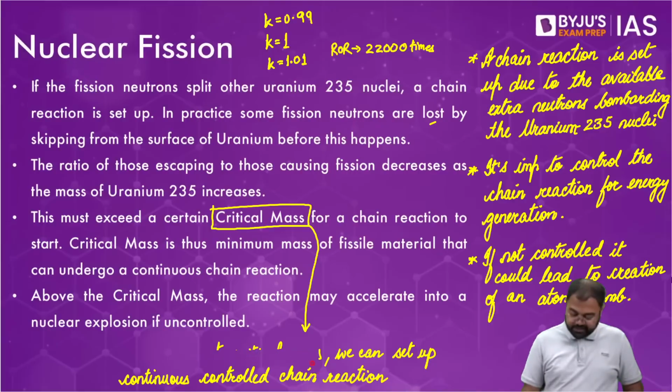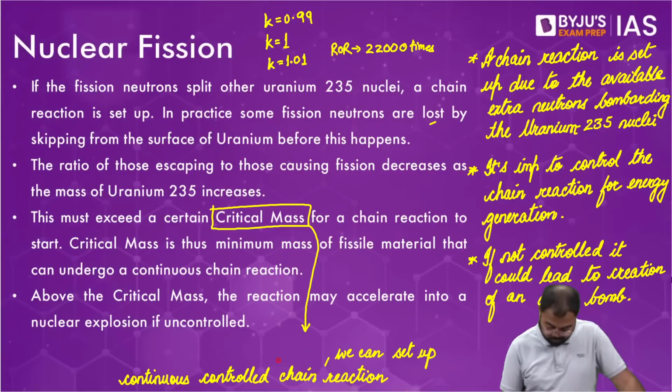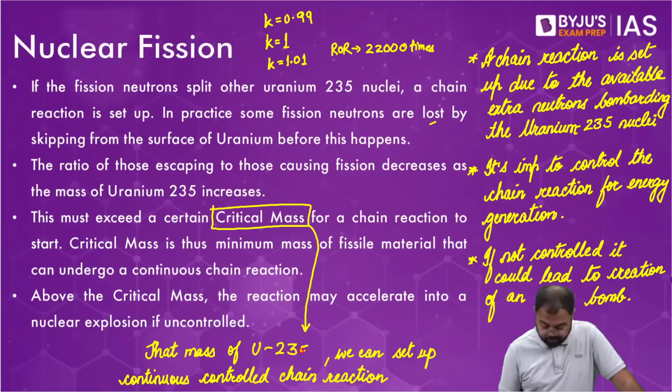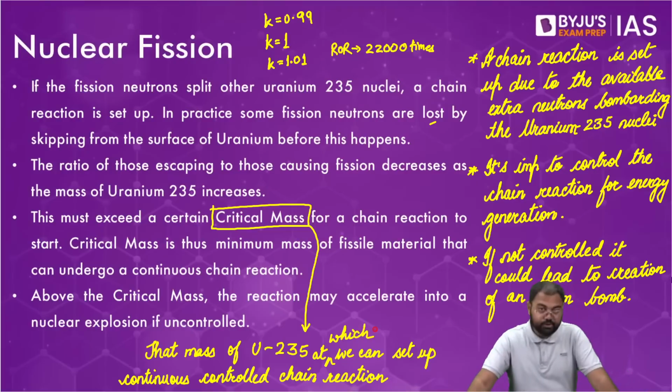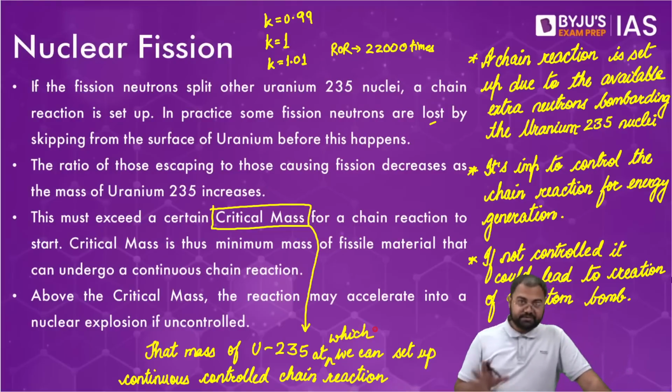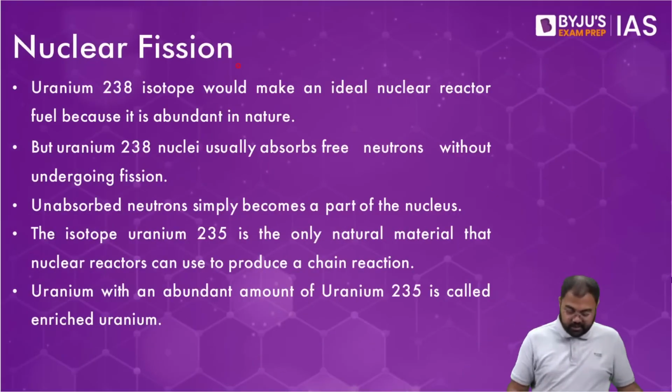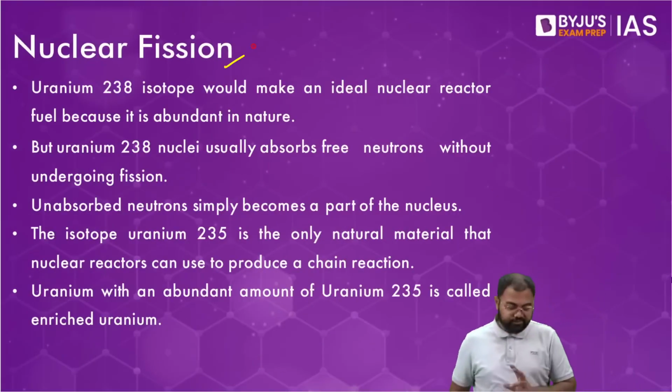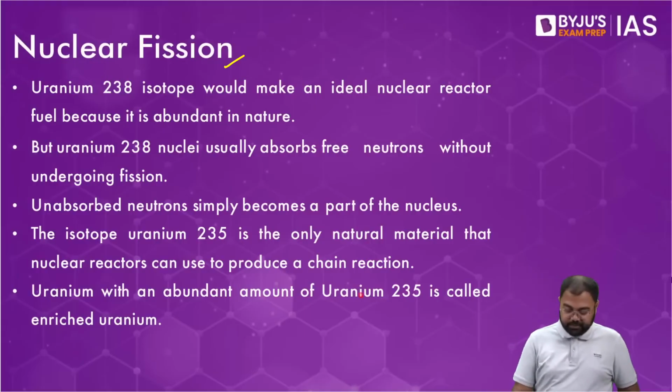So let me just write this instead: that mass of uranium 235 at which we can set up a controlled chain reaction. All right, so that's why critical mass becomes a very important part of nuclear fission. Then after that, there is one more problem with nuclear fission, and that is something to do with the question of enrichment.